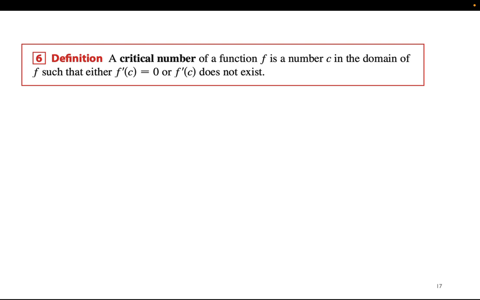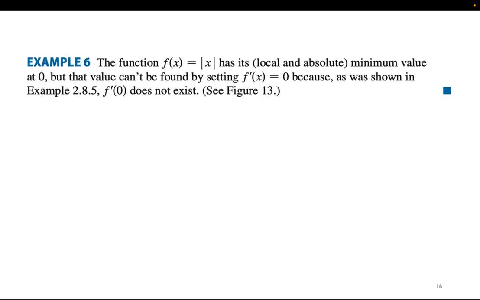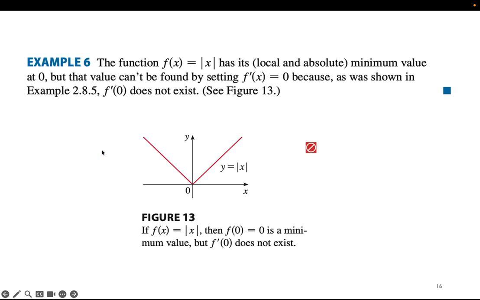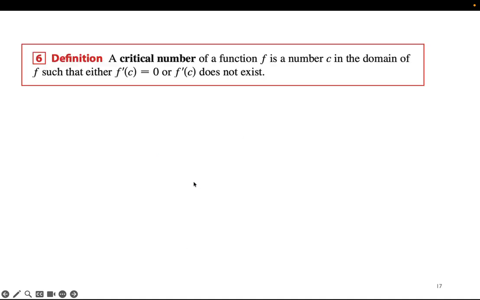So here comes a very important definition because of those previous couple examples. We know that if it's a local max or min, either f prime is 0 or f prime does not exist. So those points are very important points. We call those critical numbers. A critical number of a function is a value x = c in the domain such that either f prime is 0 or f prime at that point c does not exist.